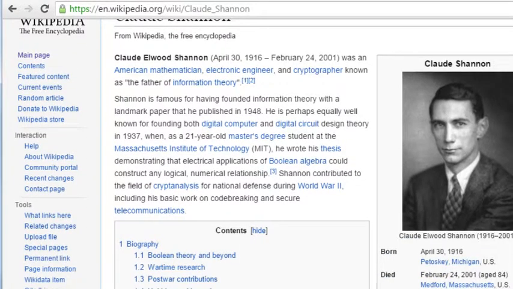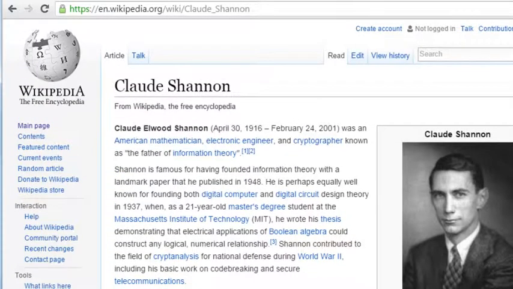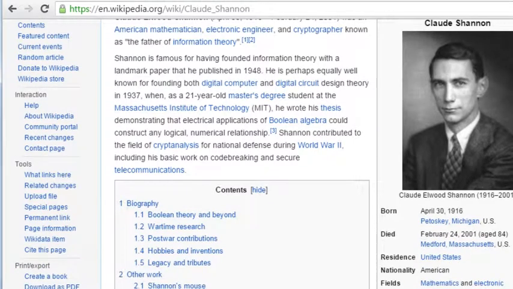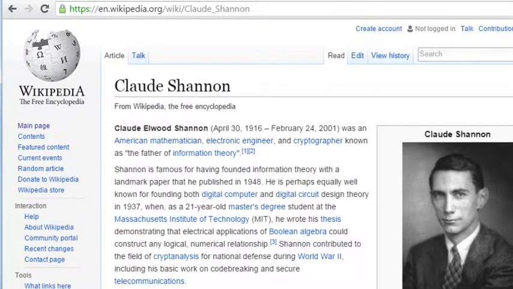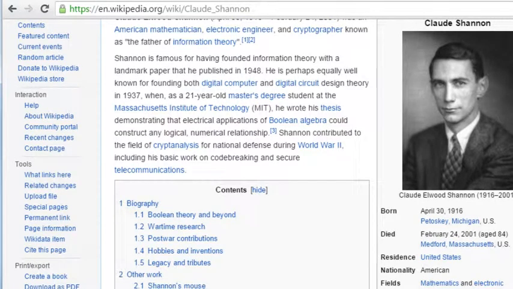He died in 2001. He's basically caused the revolution in electronics that's moved us out of the 1880s Maxwell's equations world of capacitors, inductors, and resistors and into the digital age that we're part of right now.